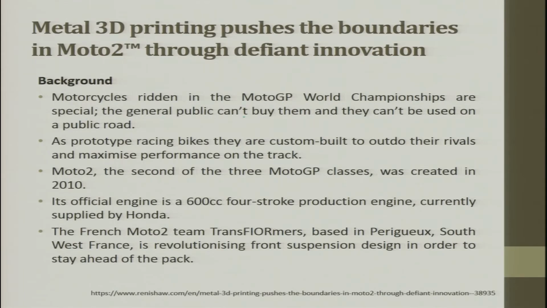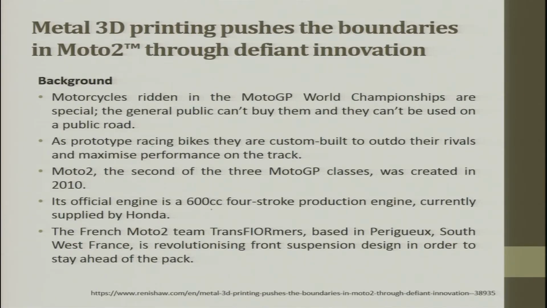The motorcycles in the MotoGP World Championship are special. The general public cannot buy them and they cannot be used on a public road. As prototype race bikes, they are custom built to outdo their rivals and maximize performance on the tracks. Moto2, the second of the three MotoGP classes, was created in 2010.